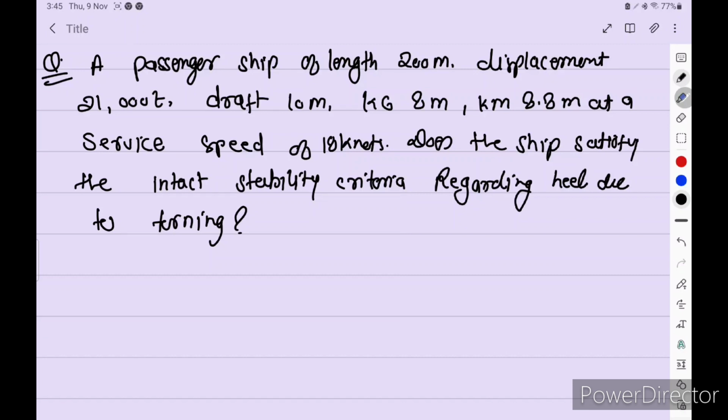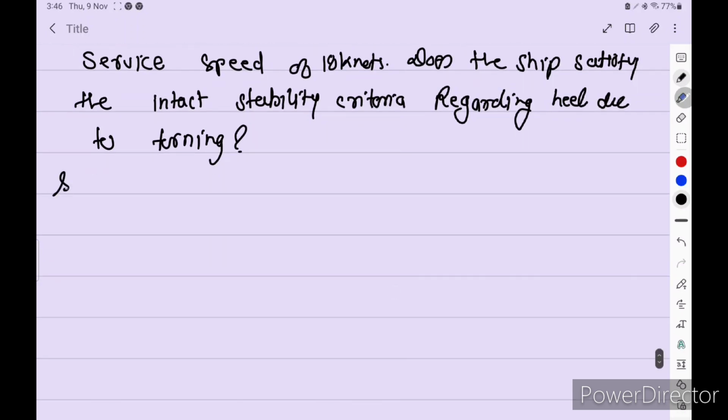At a service speed of 18 knots, does the ship satisfy the intact stability criteria regarding the heel due to turn? So we need to find out, and if the theta value is less than 10 degree, it will comply, otherwise it will not comply. So let's solve this numerical.